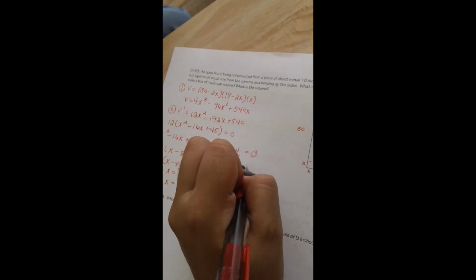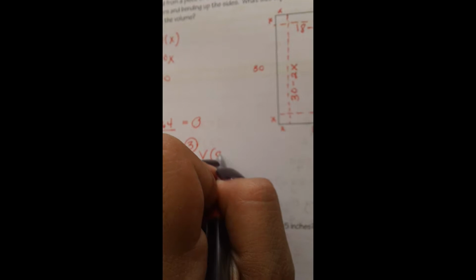Now, if we take this and substitute it into our volume formula, we actually get a volume of 886.553. That's actually the maximum value we can get with the most minimum value of x.